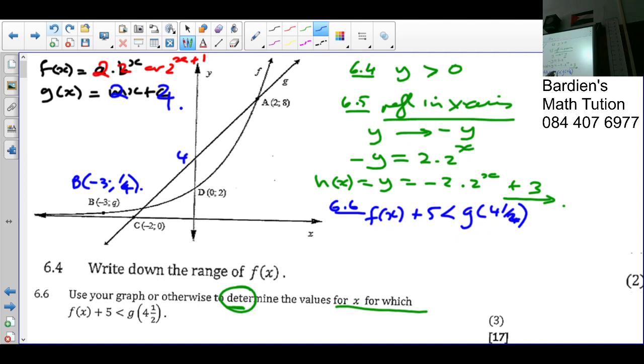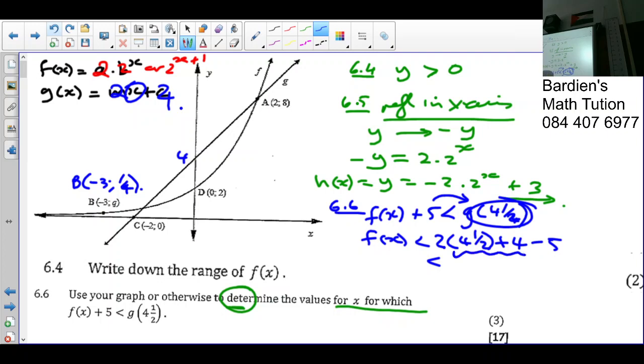So what we do is we take it over the equal sign, so it becomes f of x must be less than g of 4.5 minus 5. Now g of 4.5, if I say x, I put the 4.5. So it's 2 times 4.5 plus 4. That is g of 4.5. Not so? Minus 5. So put this in a calculator, what do we get? It's going to be 9 minus 1 is 8.